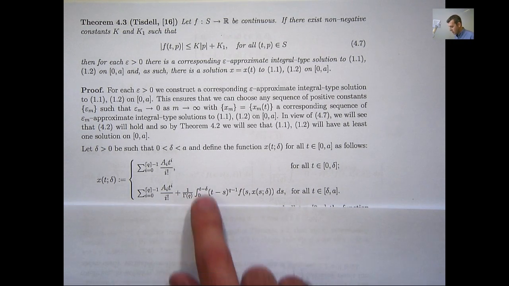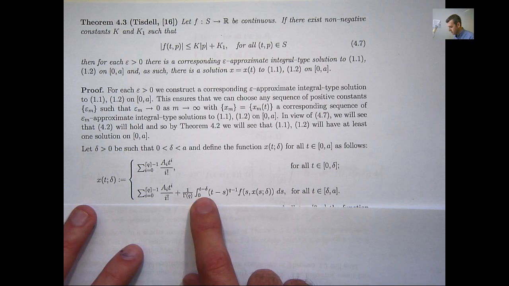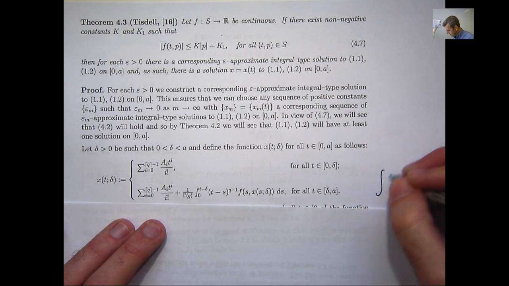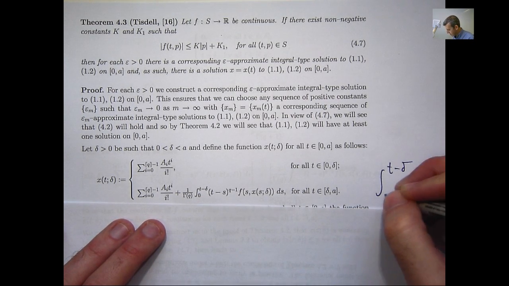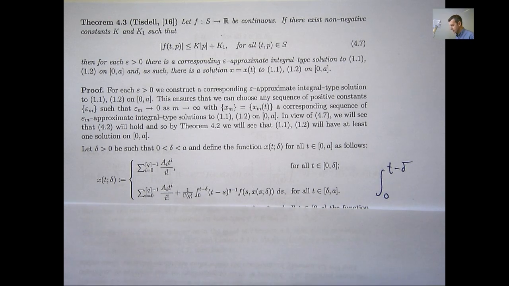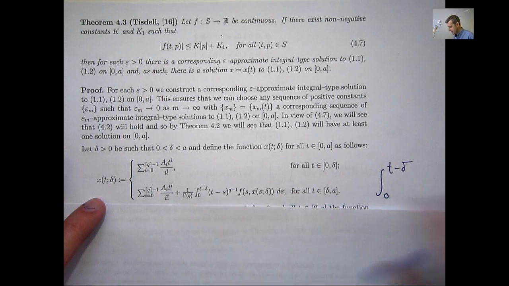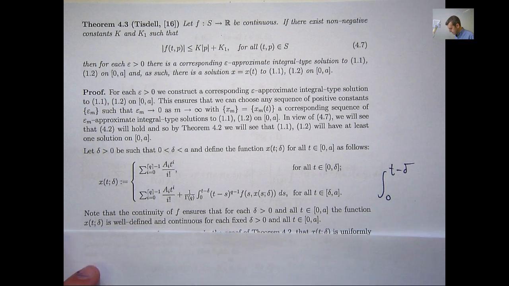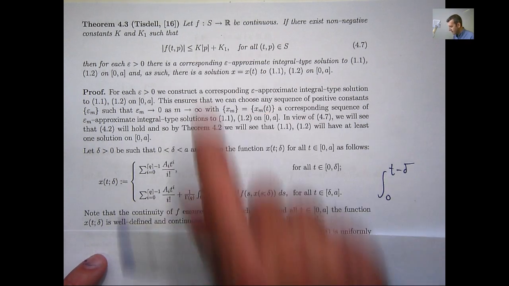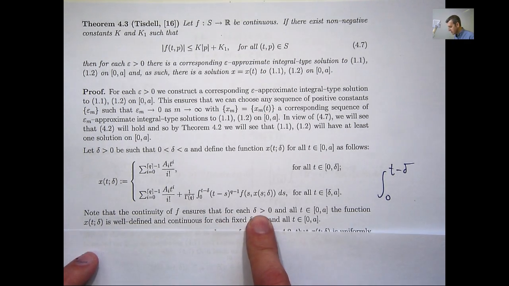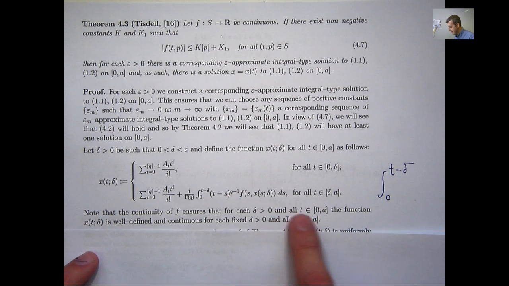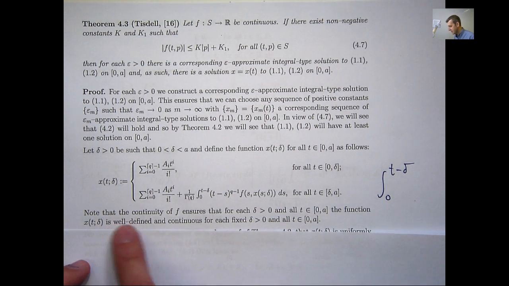This is 1 on gamma, and the integral is from 0 to t minus delta. All right, well, the continuity of f in our assumption ensures that for each positive delta and all t in the interval, the function x is well defined and continuous for each fixed delta.